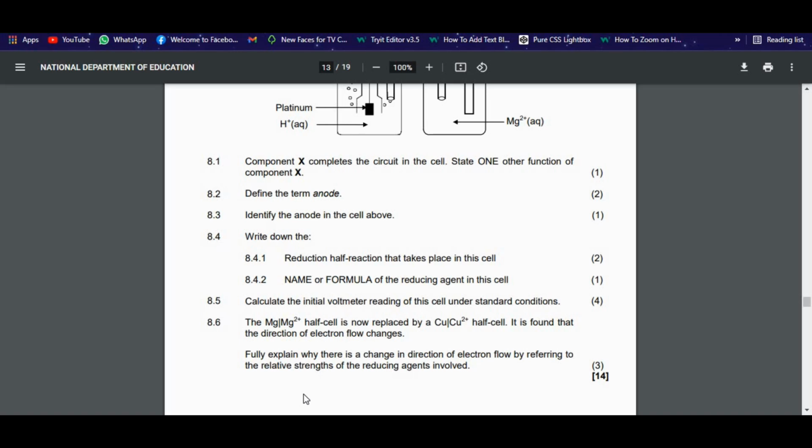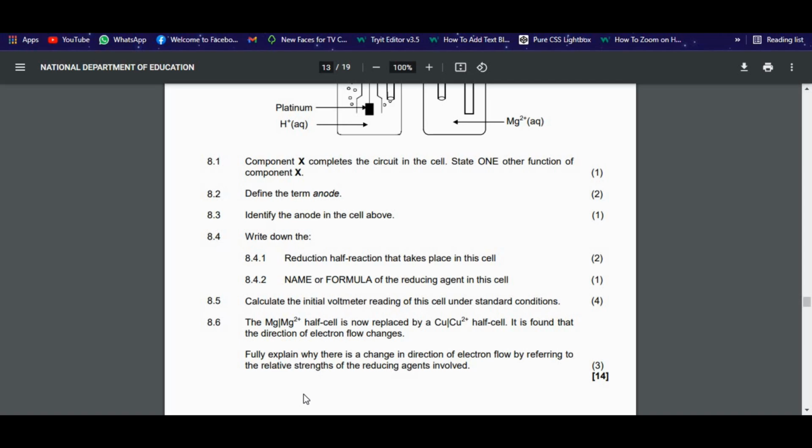Where is the copper half reaction? It's the Cu2+ half reaction. I'm going to look on table 4A first, and I find it easier in the top half of the table. Obviously it's above 0, and that EMF value is positive 0,34.